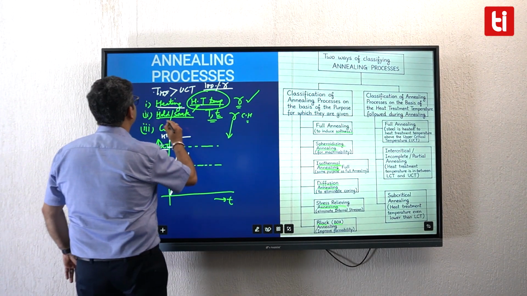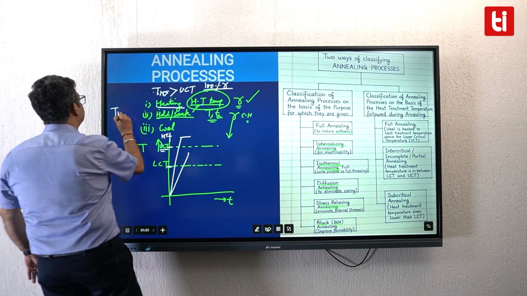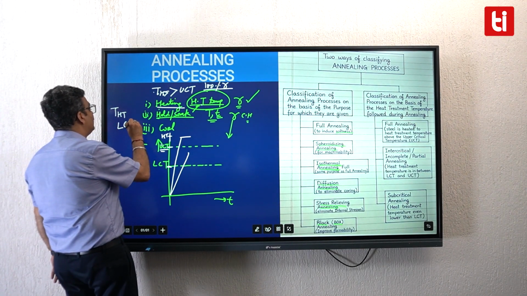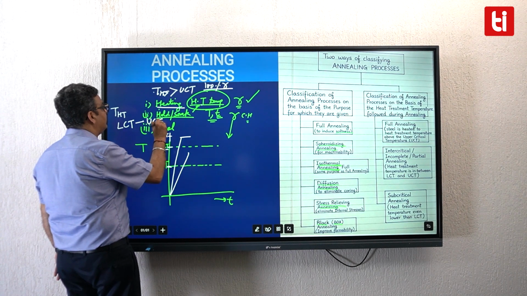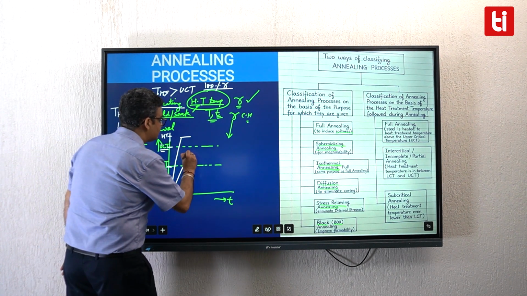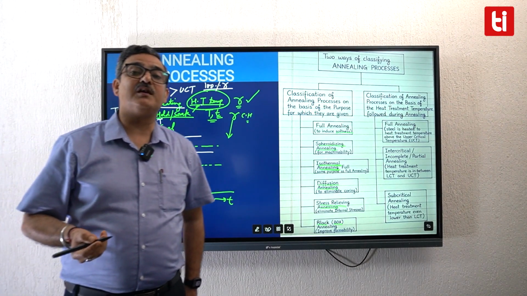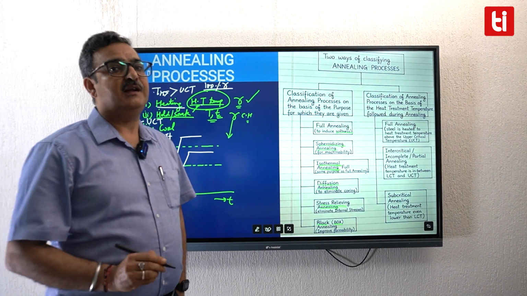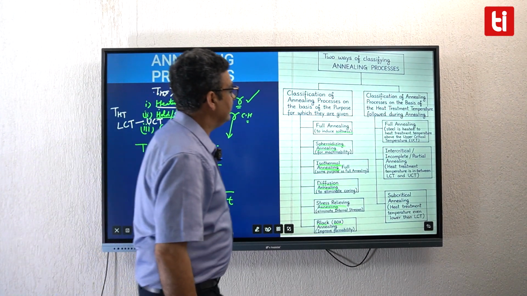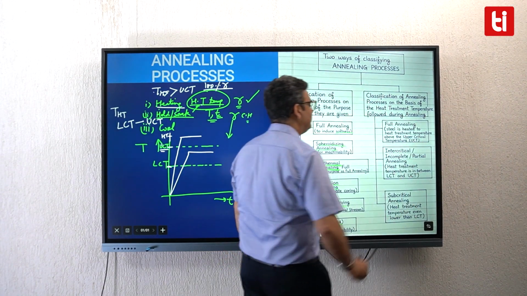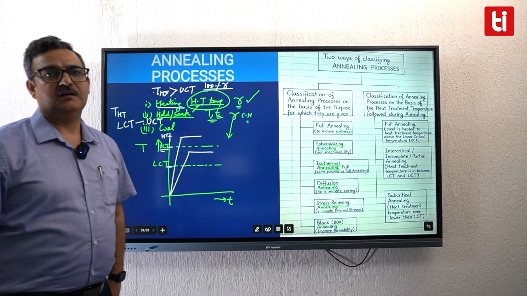So when the heat treatment temperature during annealing is in between the lower critical temperature and the upper critical temperature of the steel, students, the steel is being subjected to an annealing treatment which would be called incomplete annealing, intercritical annealing, or partial annealing.